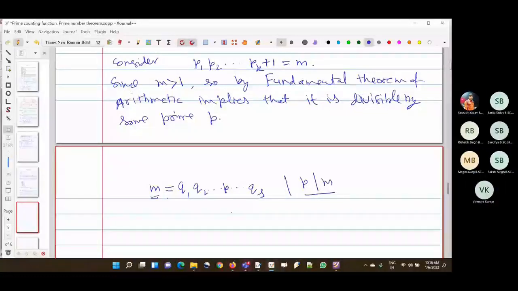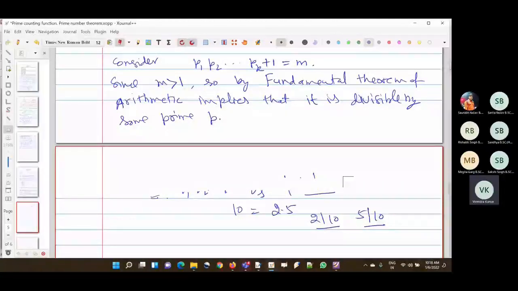Just like if you write 10 as 2 times 5, 2 should divide 10 or not? 5 will also divide 10. Fine. So since M is greater than 1, of course, this is a natural number, so by the fundamental theorem, this will be a product of some primes. And there should be some prime p which divides M. So that's what I'm telling. Is it okay?